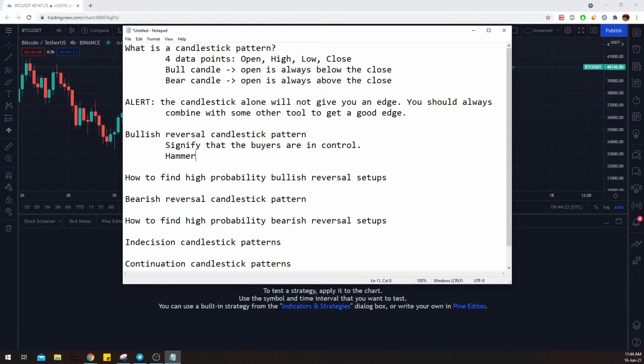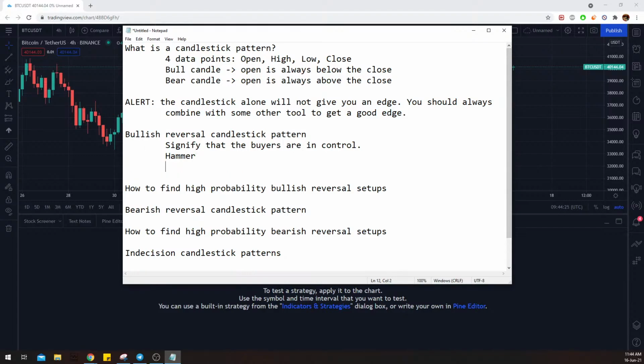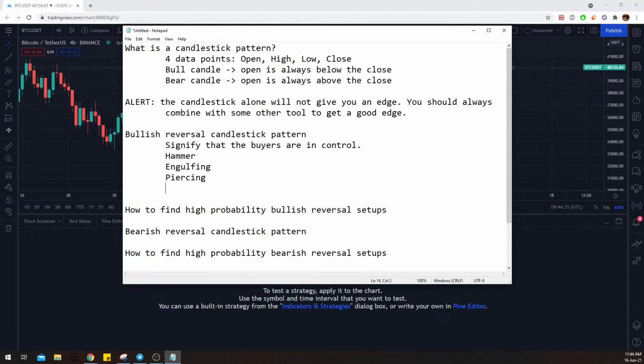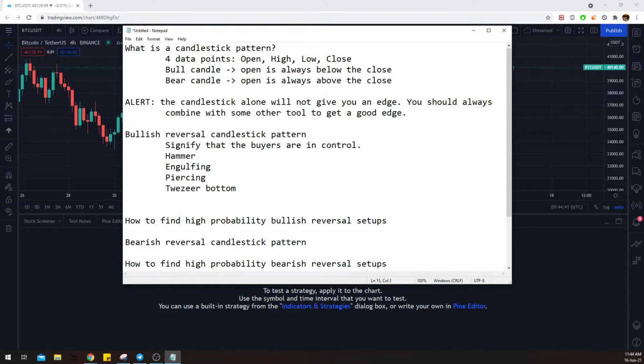So we are going to speak about the hammer, then the engulfing, then the piercing, the tweezer bottom in this case, and lastly we are going to have the morning star. You are going to see that some of those are better than the others and more common than the others at the same time. So anyway, let's get on with the first one.